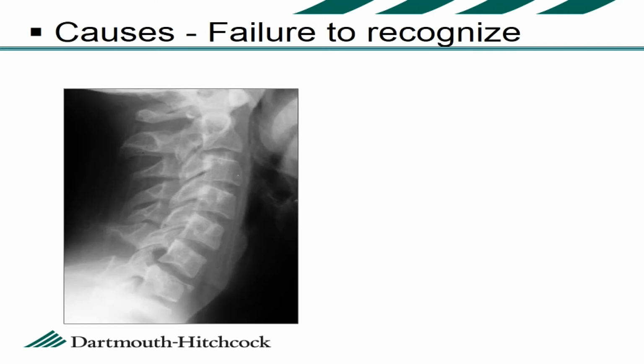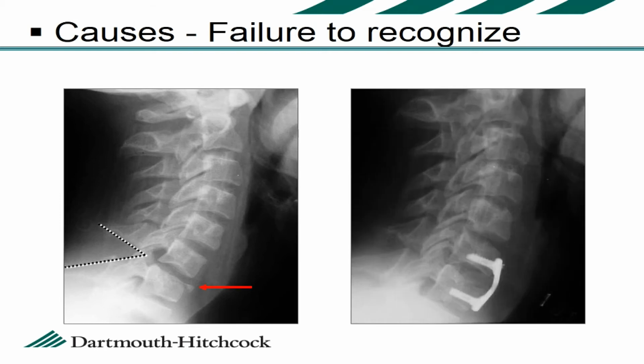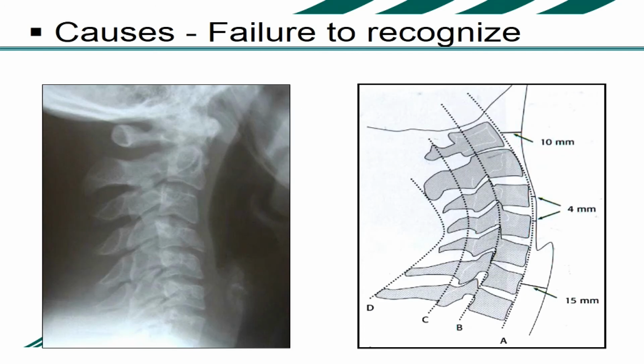None are hard signs, but these soft signs should stimulate you to look carefully or image even further so that you don't miss something. An apparently innocuous X-ray, but a tiny teardrop, a loss of lordosis, and also widening of the interspinous ligament here should warn you something more might be there, and you shouldn't miss it, and it may need some surgery, whatever is appropriate.